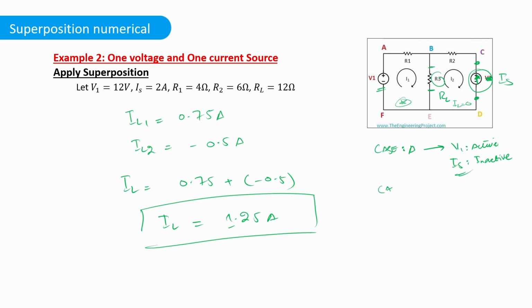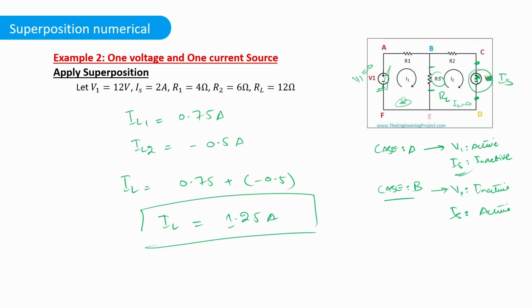Then for the second case, we will have V1 as inactive and IS active, right? If V1 is inactive, since this is a voltage source, it will be short circuited, which means V1 equal to 0. Or simply you can short circuit this and omit this component from the circuit.